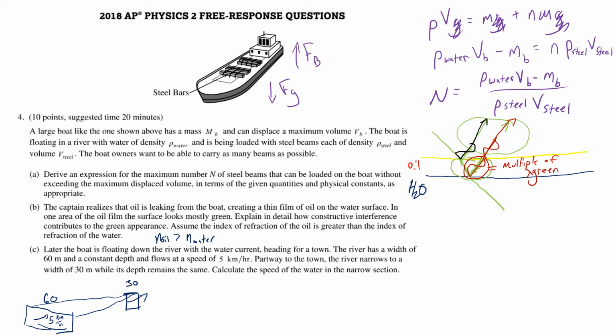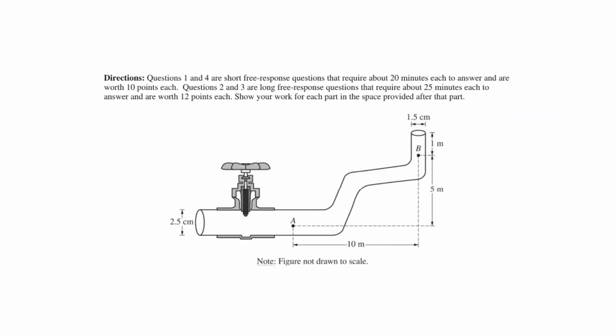If you're using the formula A1 times V1 is equal to A2 times V2, you've got half the area, so it's going to have twice the speed, right? Because you have to have the same volume of water flowing through the area. So calculate the speed in the narrow section. Well, V is going to equal 10 kilometers per hour. That's all you have to do for that. Okay, not too bad.